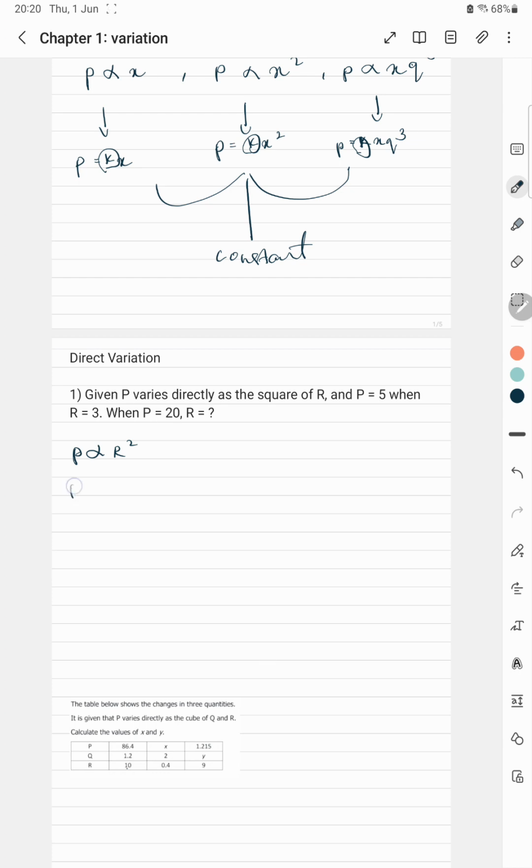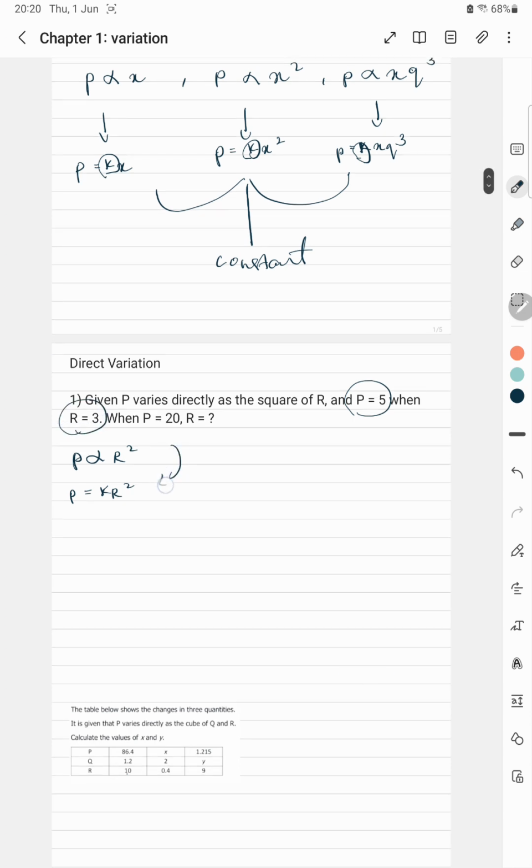When we turn this into the equation form, it is p equals k times r squared. Now we substitute p equals 5 and r equals 3 into this formula. So our p, 5, equals k times r squared, and go ahead and calculate it.